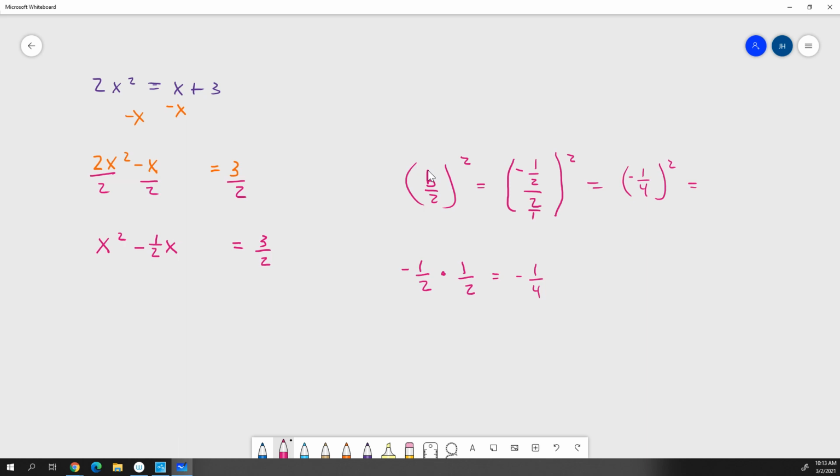And when we square that, we square every piece of it. So it just becomes 1 over 16. It becomes positive because negative times a negative is a positive. So if we're doing negative 1/4 times negative 1/4, we get positive 1/16. And so that is what we are going to add to both sides of this equation.